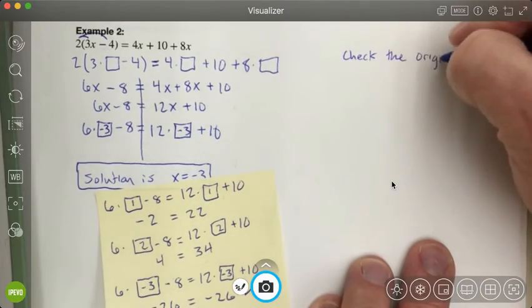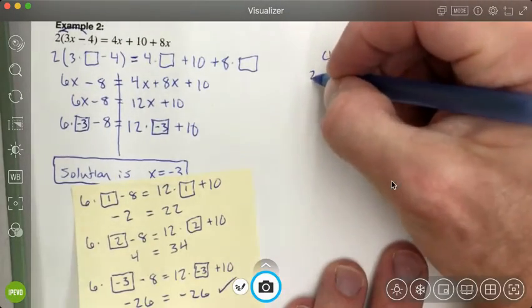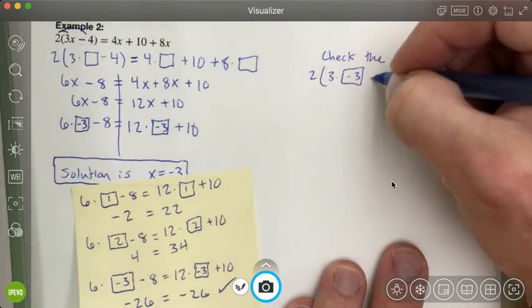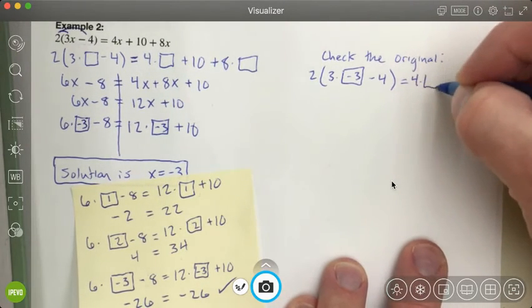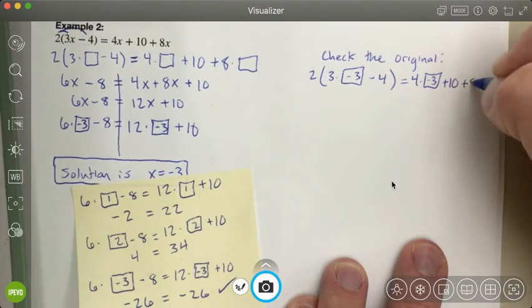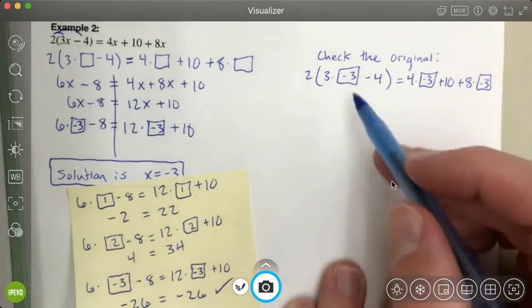I'm going to check the original one more time. So now in my box, I know I have -3 or -3. So let's make that happen here. All right, got all my boxes now, just order of operations.